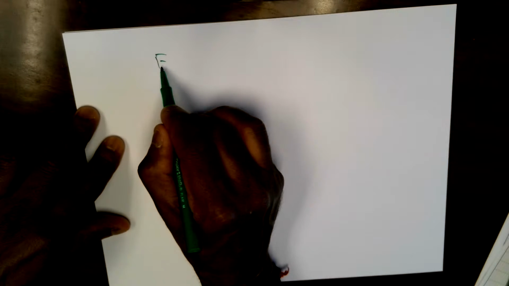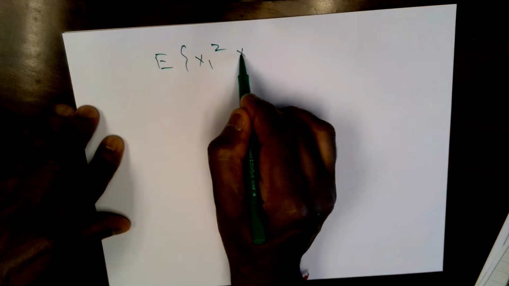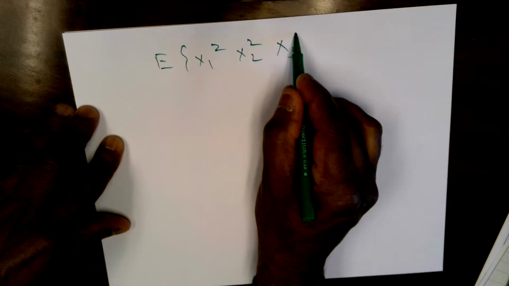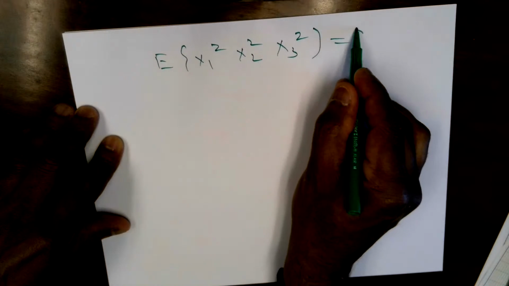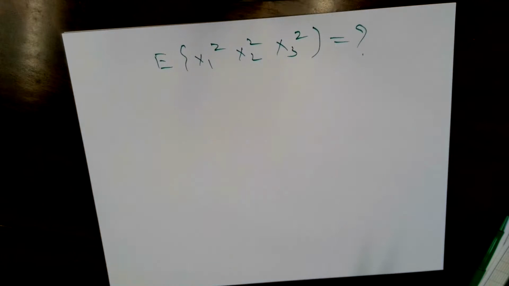What I'm interested in is the expected value of x1 squared, x2 squared, x3 squared. So that is the three random variable case, and that way you can proceed to four random variables, etc.